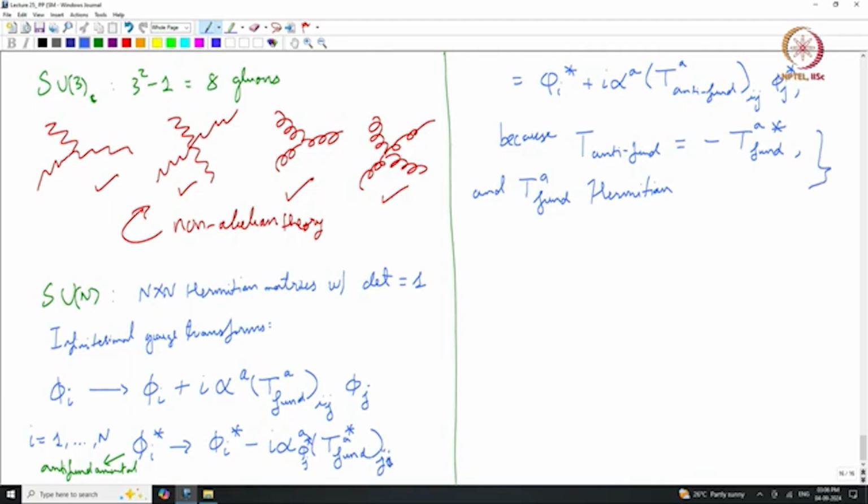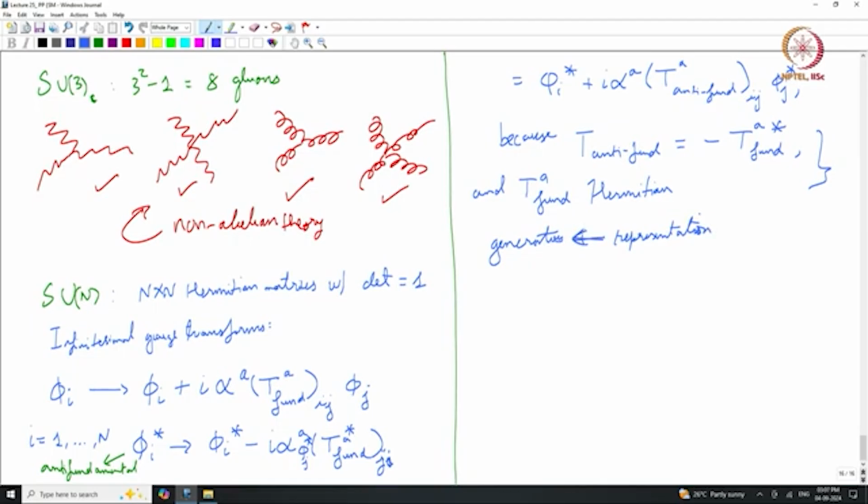The point I am trying to show here is that even the generators carry information about whether you are in the fundamental representation or not. That is, generators themselves are determined by the representation. So you can see where I am going with this. I am going to wrap up with this concept.